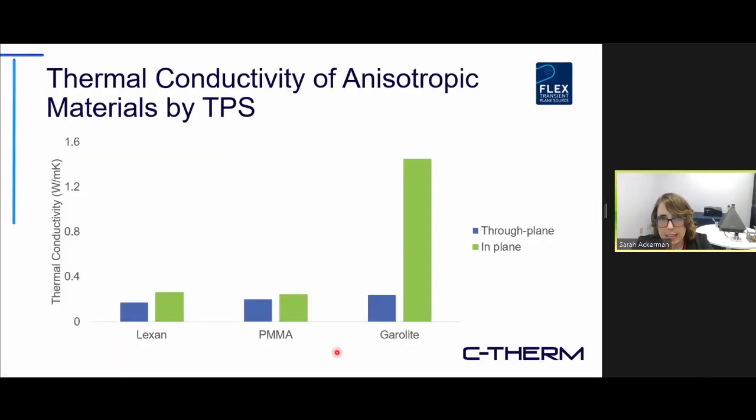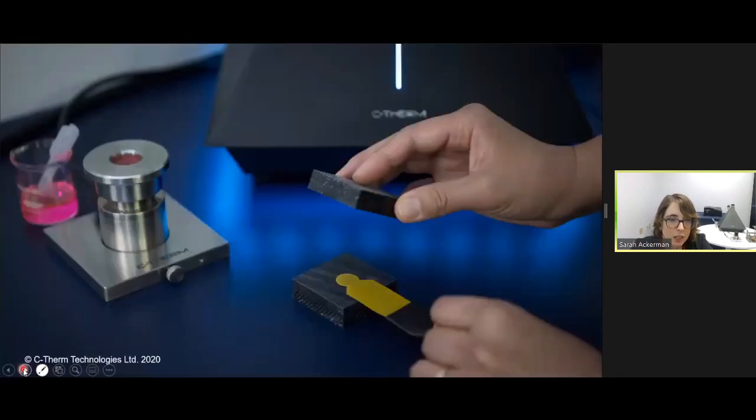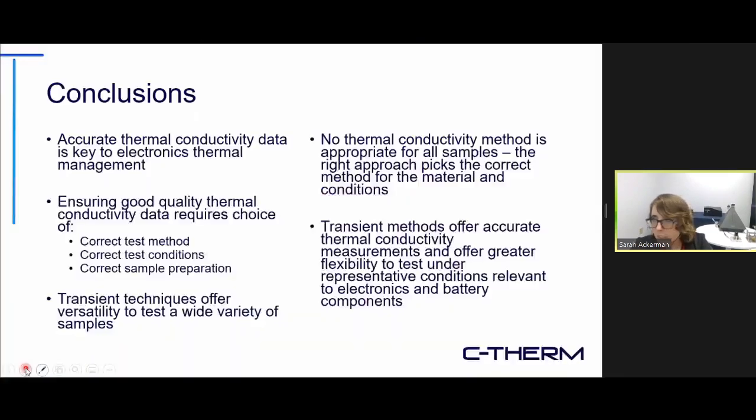And so that data you can see here, looking at Lexan, PMMA, and Garolite samples. So in all cases here, the test data is within better than 5% of the reference data. And so in practice, if you're looking at a test on an anisotropic sample, this is what it would look like.